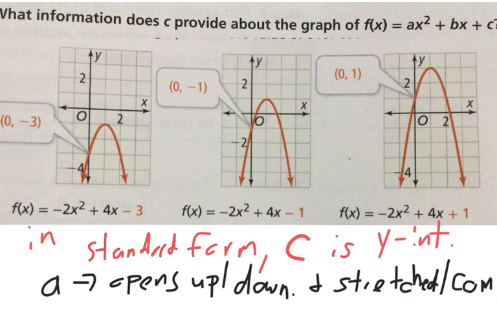Only the c term. So when x is 0, y is negative 3. When x is 0, y is negative 1. You seeing that pattern? That's why the c term tells me the y-intercept. Because if I plug in 0 for x, I'm only going to be left with that c term.